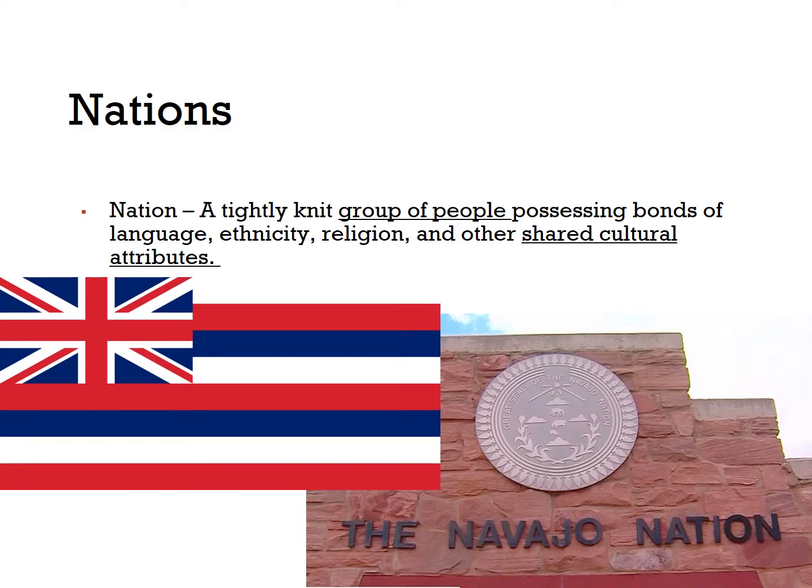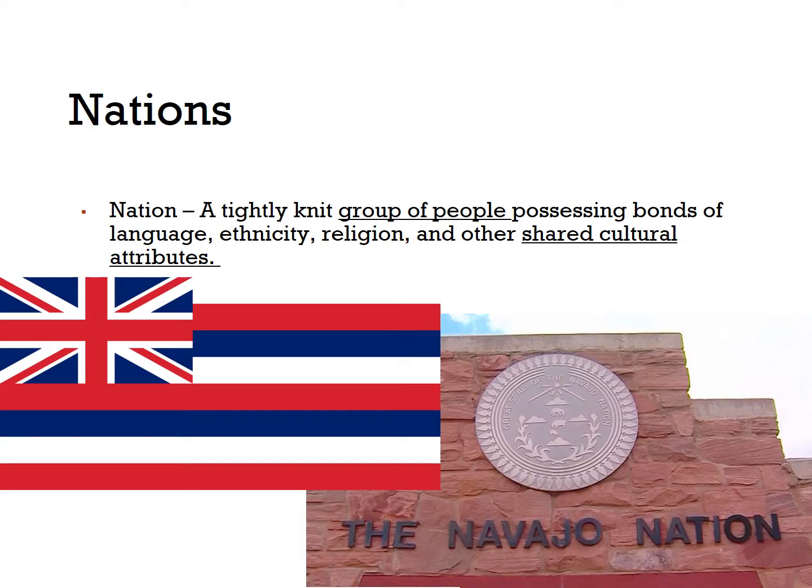Pretty much every definition of the term nation is going to focus on the cultural aspect of the group. So a state or country is a political term, whereas a nation is a cultural term.